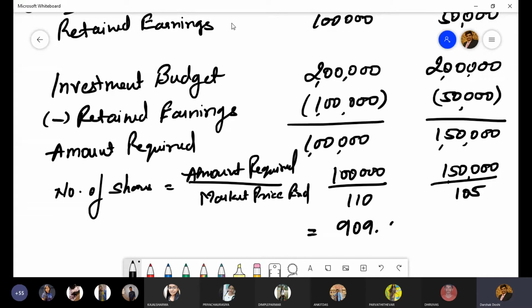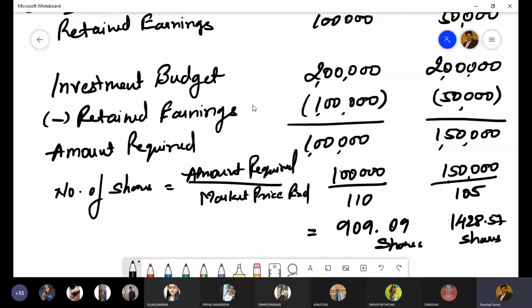Now everybody please listen to me carefully over here. You cannot issue shares in fraction. If you round off, in the first column we would write 909. Now, if you issue 909 at the price of 110, you will never get 1 lakh rupees, which is required from your end.